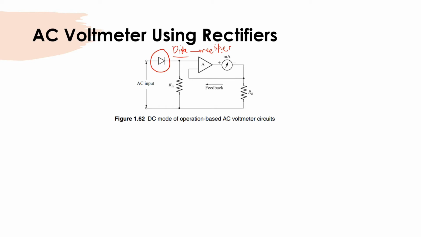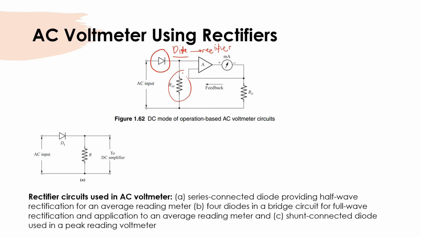In the DC voltmeter, the first one, we have the divider. So this is the basic difference between the AC and DC: in the AC we have to use the diode for rectification.